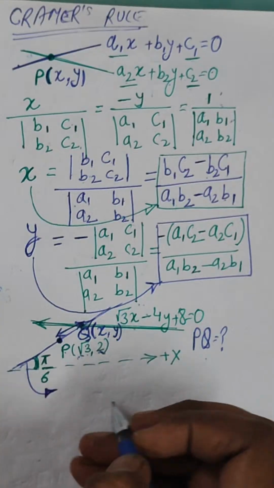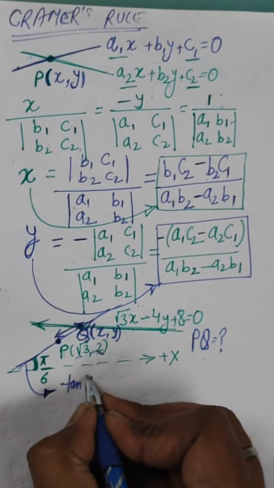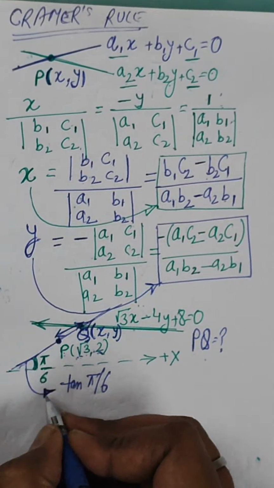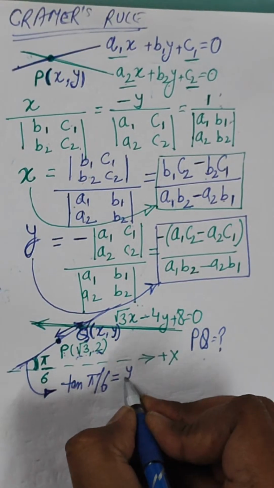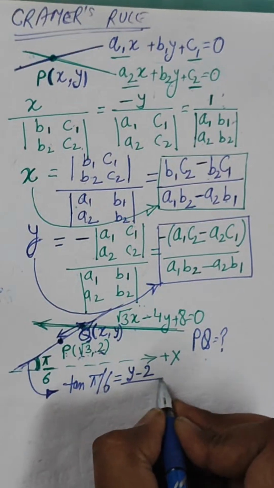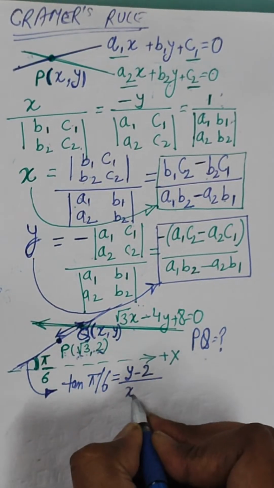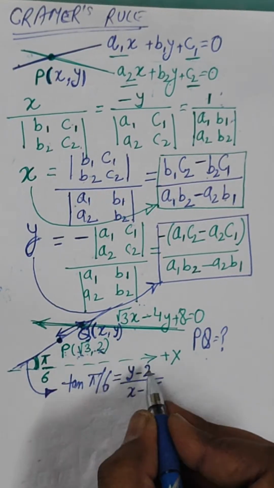because the green line equation is already given to you, and for this, tan theta, tan of pi by 6, for this line I am saying tan of pi by 6 can be written as the slope of the line, that is y minus 2 divided by x minus root 3, abscissa ordinate, right?